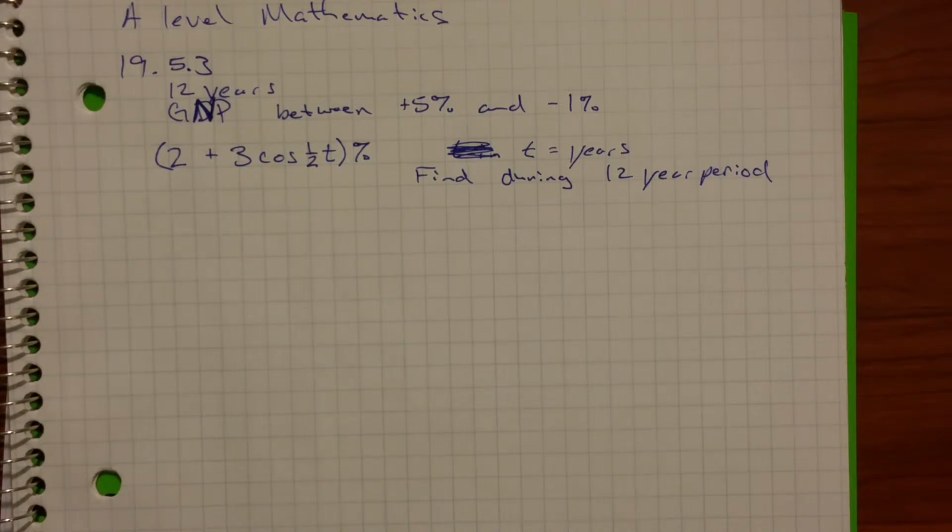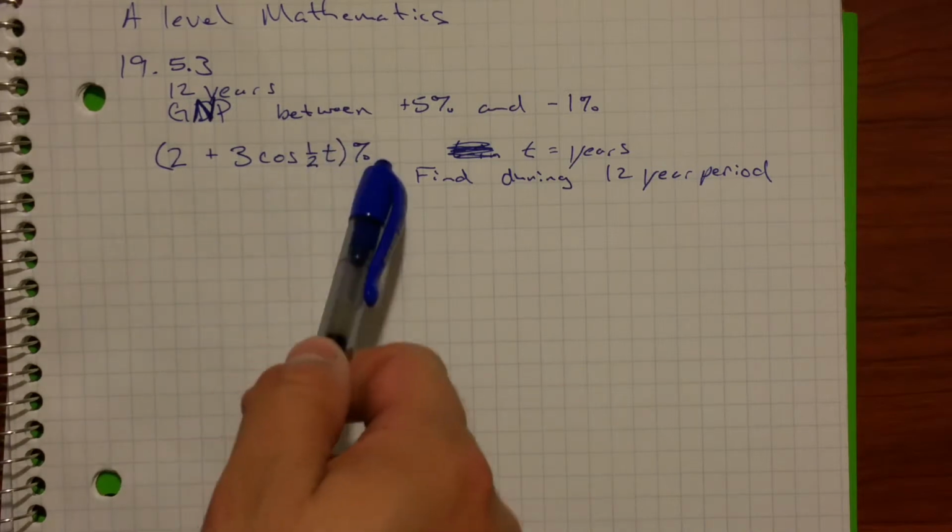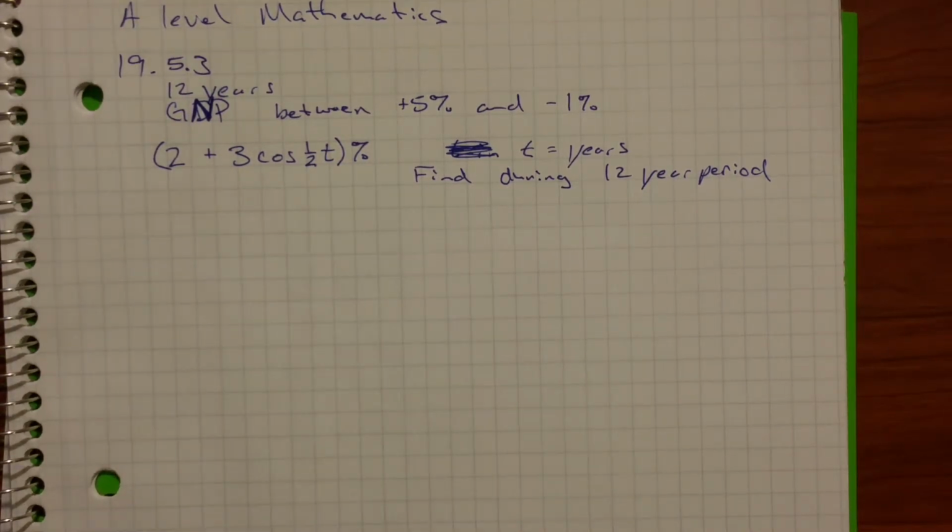This variation is modeled by the formula 2 plus 3 cosine 1/2 t percent. That's important to have the percent there. Where t is time in years, find the formula for the GNP during the 12-year period.